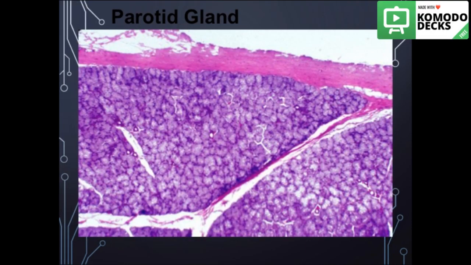Again, this is a magnified view of the serous acini. We see here small striated ducts and separated with connective tissue septa, encapsulated by the parotid gland capsule.